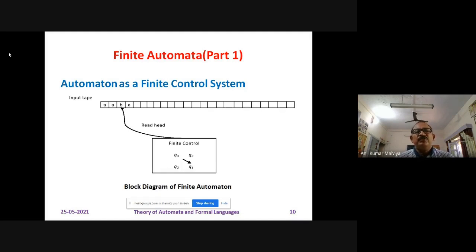At any specific time, the machine will be in one of the states. The tape head reads one symbol on the input tape, and after reading the symbol, it moves right. So we can visualize a finite automaton as a finite control system.